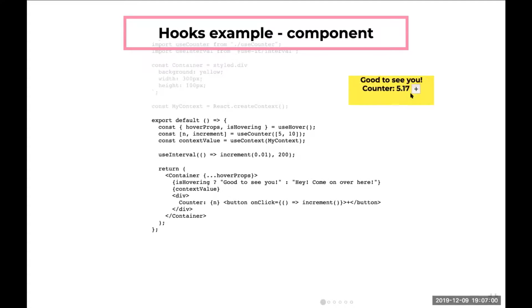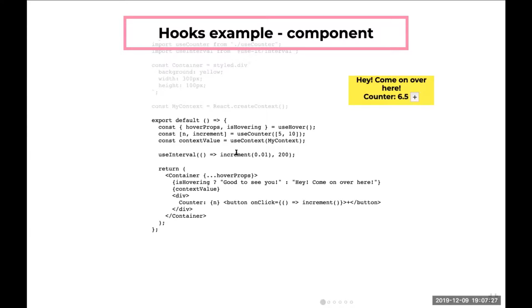So this is a much more complex example than some of the other ones that I did, and it's maybe somewhat useless, but I'm stringing together several different things here, and the thing that I'm trying to show is that it's a lot more concise and a lot easier to reason about. So I have a hover, I have a use counter, which counts from 5 to 10 at varying increments.